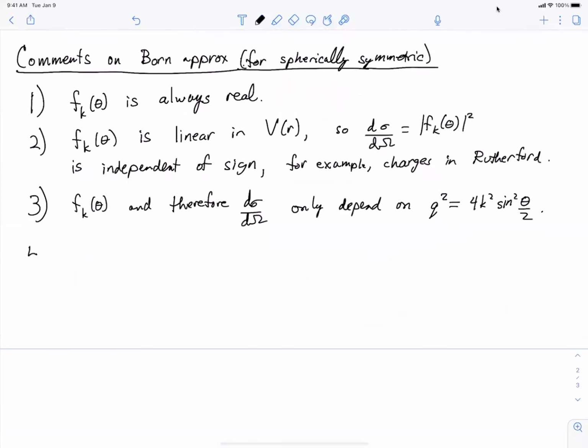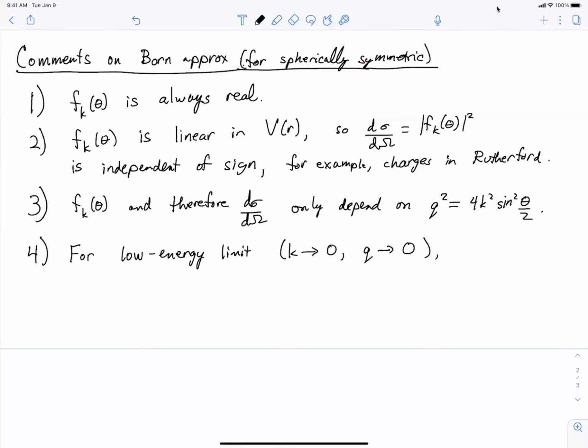All right, here's another factoid. So what happens in the low energy limit? For the low energy limit, that means k, the wave number, is going to 0. And if k is going to 0, that means q is going to 0.